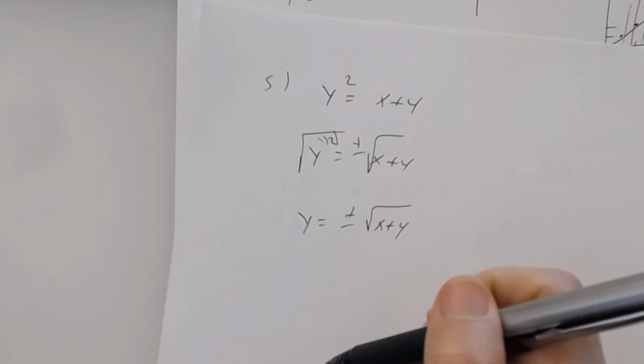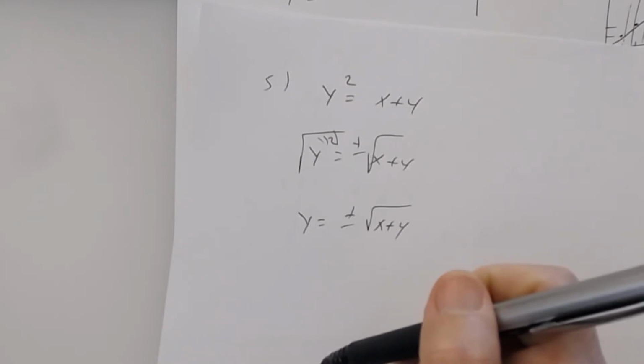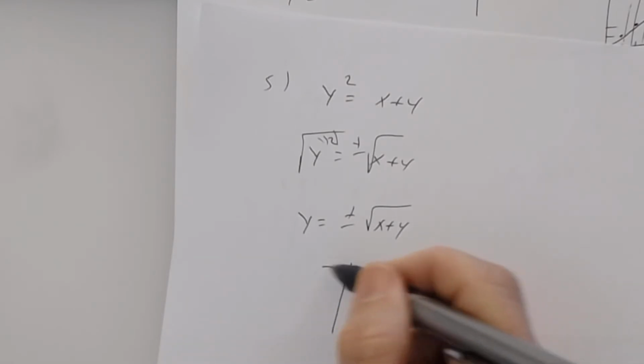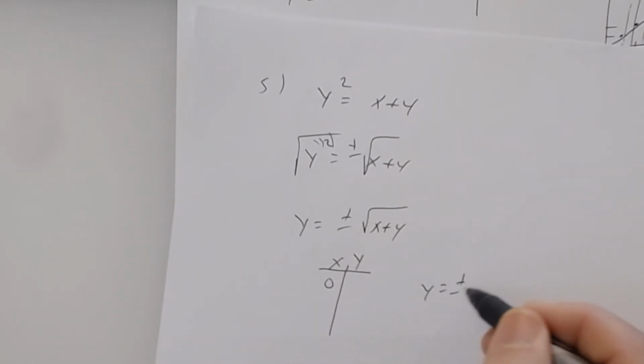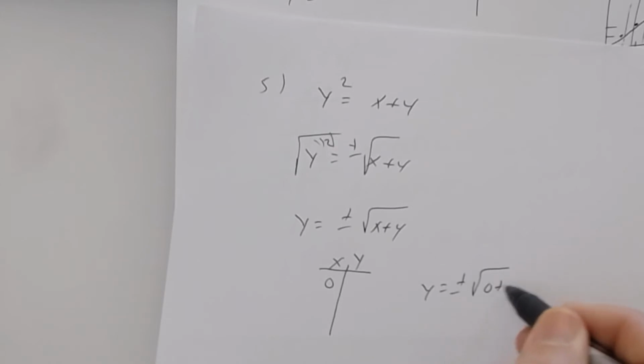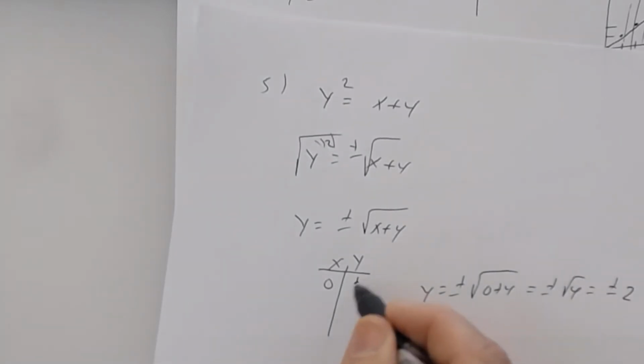Negative. You see that? So for example, if I let x be 0, I get y is plus or minus the square root of 0 plus 4. So that's plus or minus the square root of 4, which is plus or minus what? 2. So when x is 0, how many y values are there? 2. See that plus or minus? That should give it away.